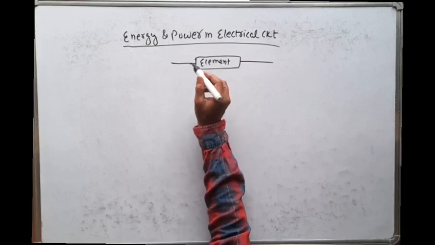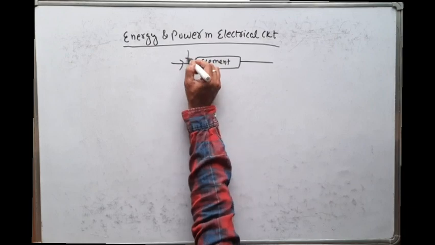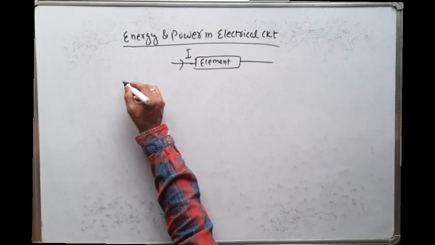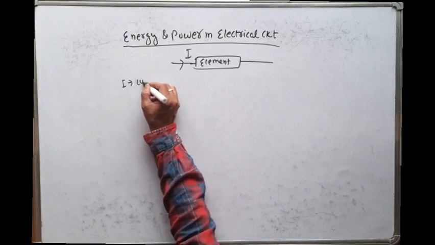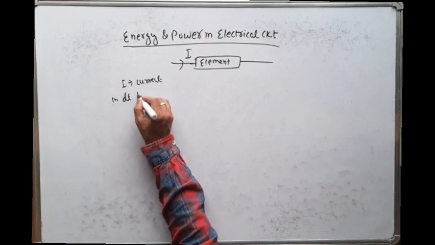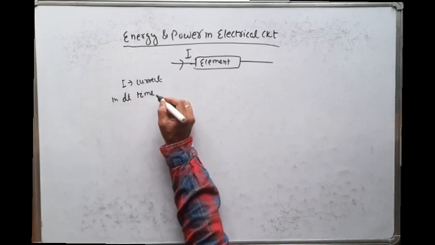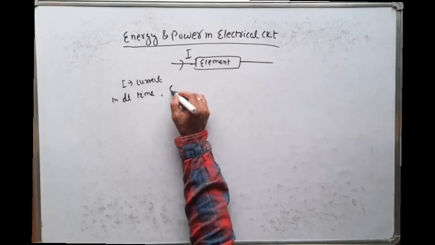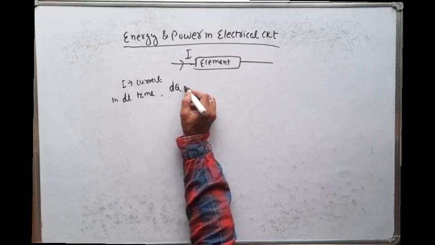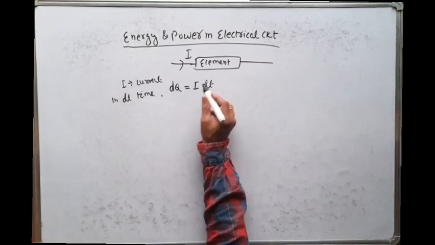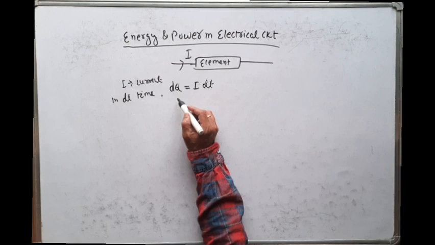Let I be the current through the element. Then in dt time, the amount of charge that passes through this element is equal to what? dq is equal to I into dt, because you know I is equal to dq by dt.